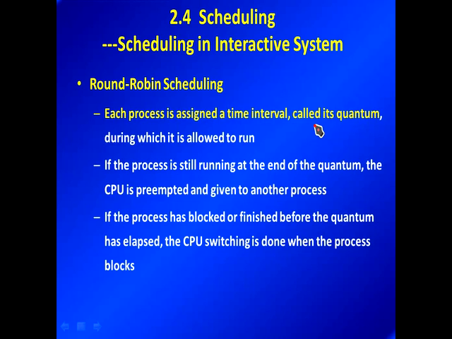And for interactive systems, we suggest you use round-robin scheduling and priority scheduling, and there are a lot of other options for scheduling algorithms in interactive systems.